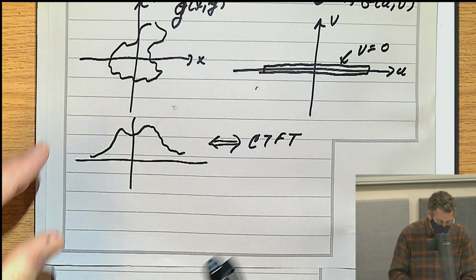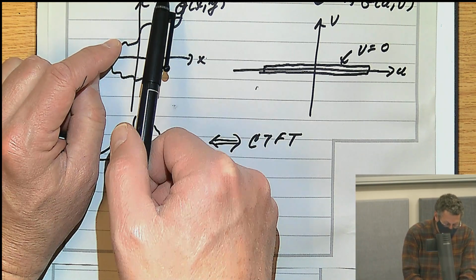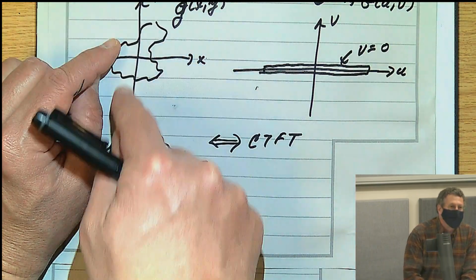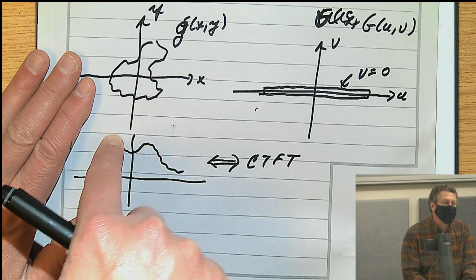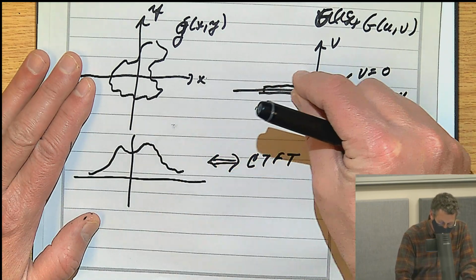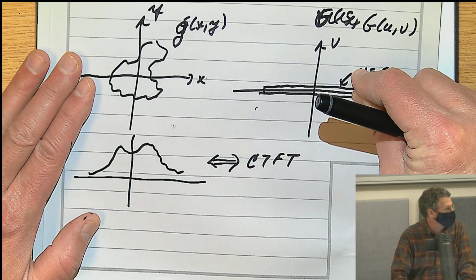So what happens is that if I integrate first, I'm only getting the DC component along V, and when I take the Fourier transform, I'm going to evaluate the 2D Fourier transform along this line, okay?